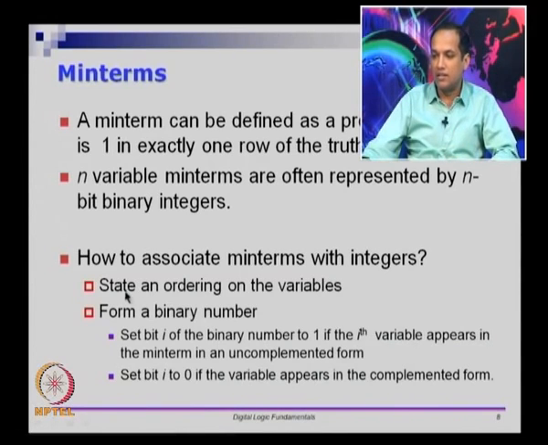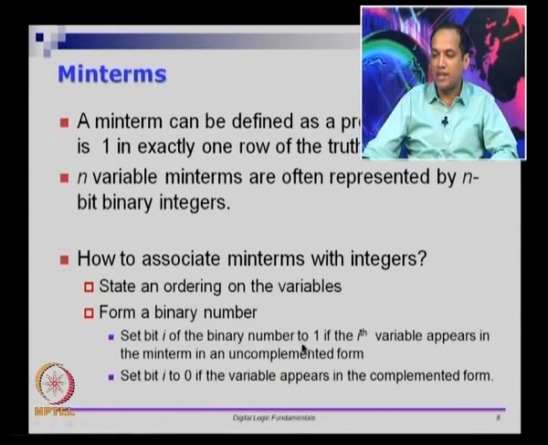You start with some ordering on the variables, form a binary number, and follow these two rules. They may look a bit complicated, but with examples it will become clear. We set bit i of the binary number to 1 if the ith variable appears in the min term in the uncomplemented form, and we set it to 0 if it appears in the complemented form.